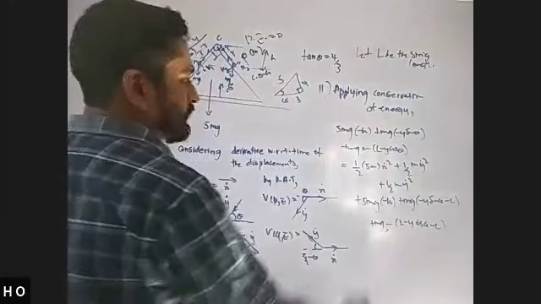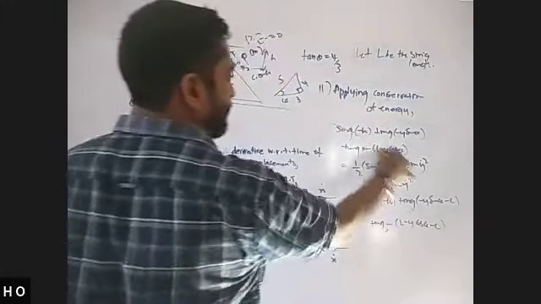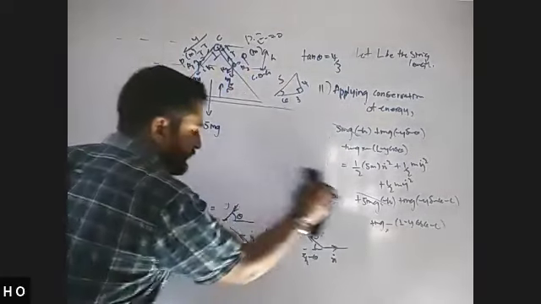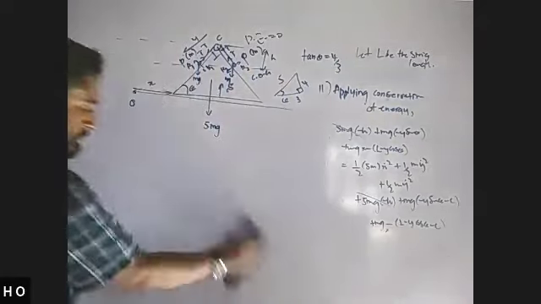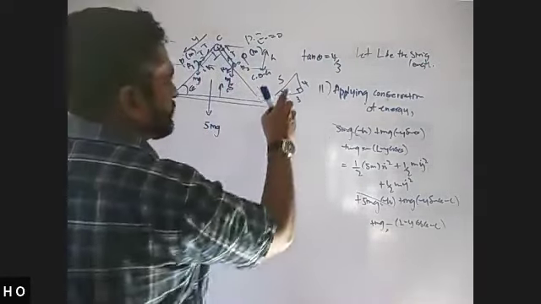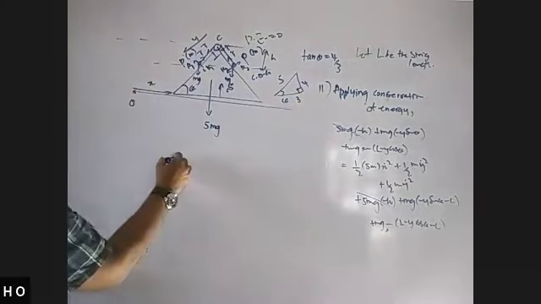Let us solve further. I'll erase this, otherwise I don't have enough space to simplify. In simplifying, you have sin theta as 4/5.